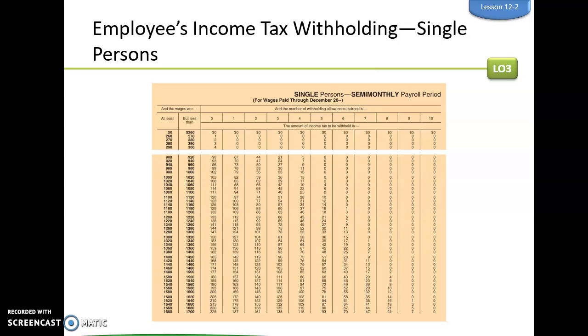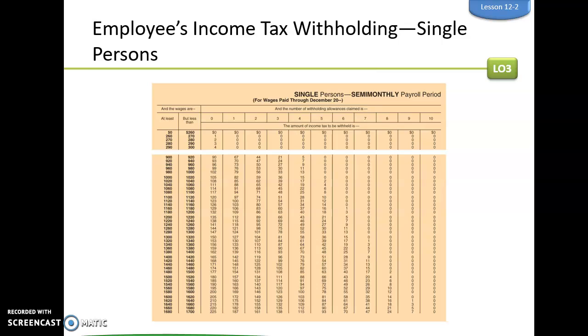Now there are tables for various payroll periods. So this one is a semi-monthly payroll period, but there's different ones for biweekly, weekly, daily, etc. And there's different ones depending upon how you claim. So if you claim you're single, there's going to be a different tax withholding for that. If you claim married, etc.